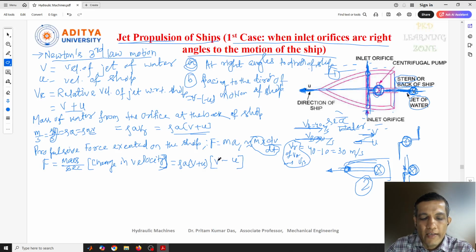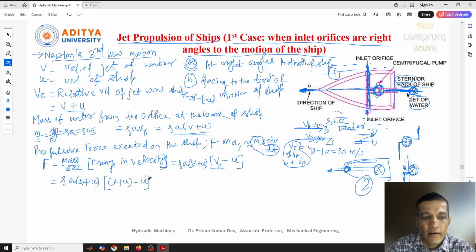But here, as I told you, we need to consider the relative velocity, so I need to write Vr. The Vr value you have already seen. So you can write rho a (v plus u), which we already got as mass with respect to time, into the change in velocity, which is v plus u minus u.